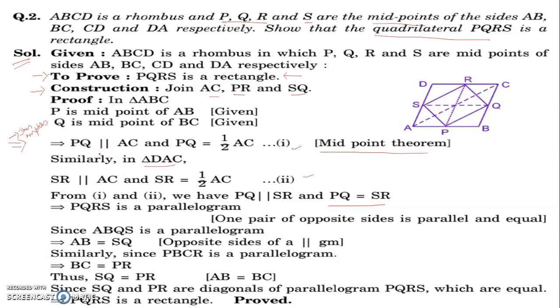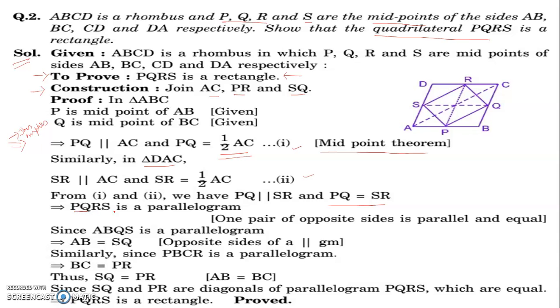PQ is parallel to AC and SR is parallel to AC, therefore PQ is parallel to SR. PQ is equal to half of AC and half of AC is equal to SR, so PQ is equal to SR, which implies PQRS is a parallelogram.